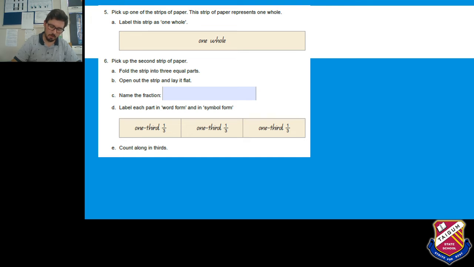So I'm going to write the words one third and I'm going to do a 1 vinculum 3. Again, one third, and I'm going to go 1 vinculum 3. So it looks like that.